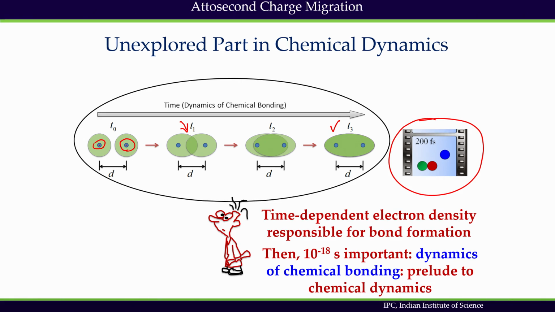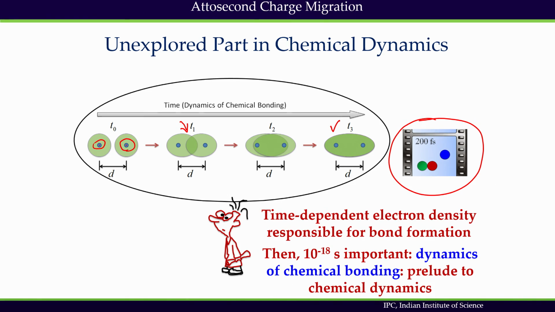So when you think about the relevance of the attosecond time scale in chemical dynamics, we only mean that part of the chemical dynamics where the nuclei do not move, where they are fixed at their positions.